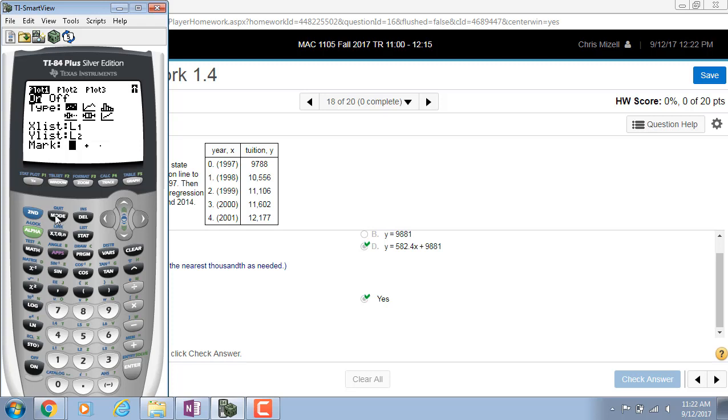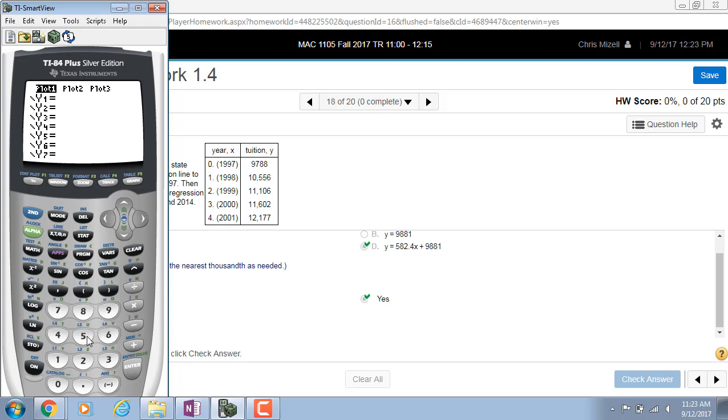Second quit. I'm going to press the Y= button. Maybe I've got something there. It looks like I graphed some sort of equation for a different class. I'm going to clear that out and have the calculator graph the linear regression equation it calculated for us.